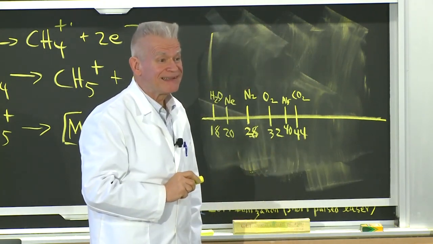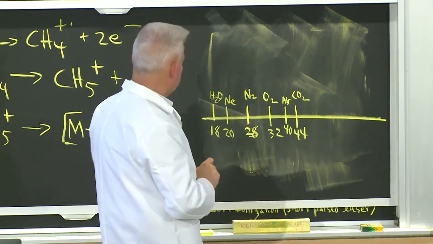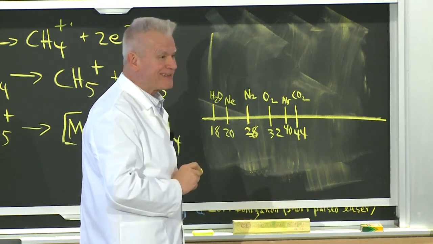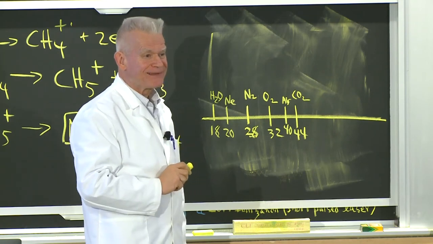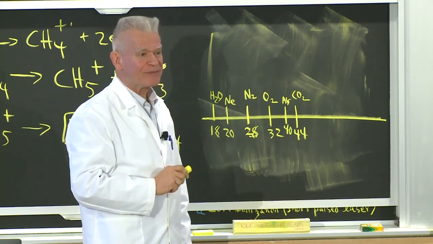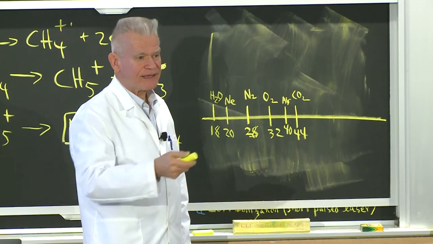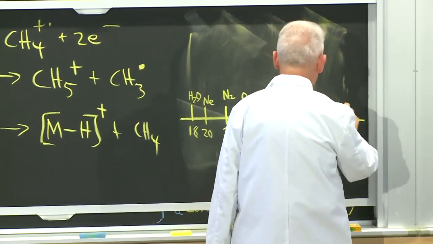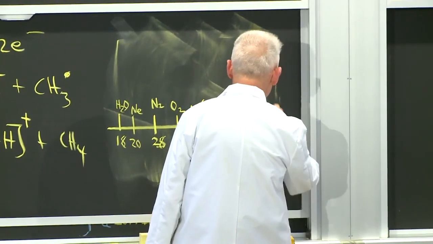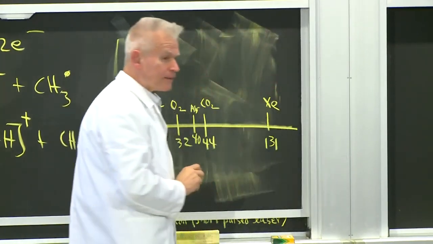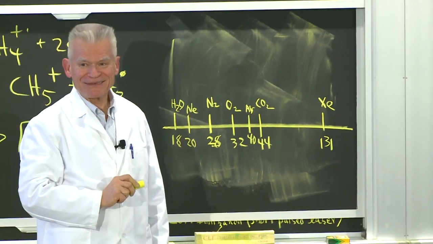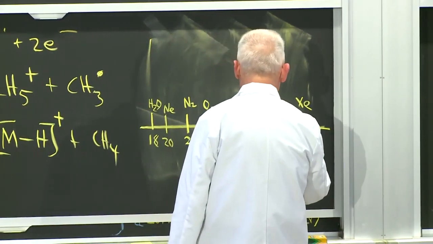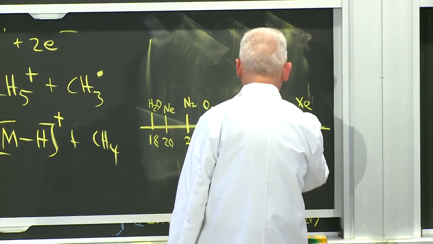Did you see helium? Very little, very little. What else? What's a couple of the other big inert gases? Xenon, yes. 131. What about the Superman gas? Oh, krypton. Krypton, yes. 84, krypton.